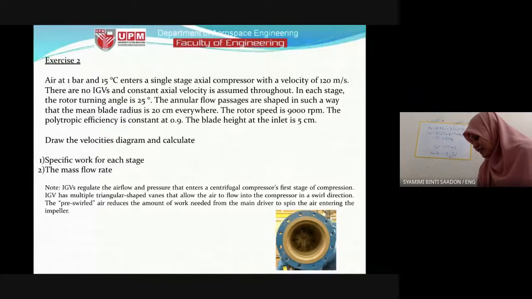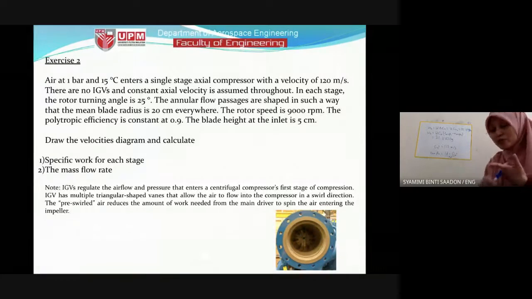Next, the mass flow rate. To calculate the mass flow rate is kind of the same as previously. The equation is the same, rho 1 CA1 A. The process is also the same. We already know CA1.